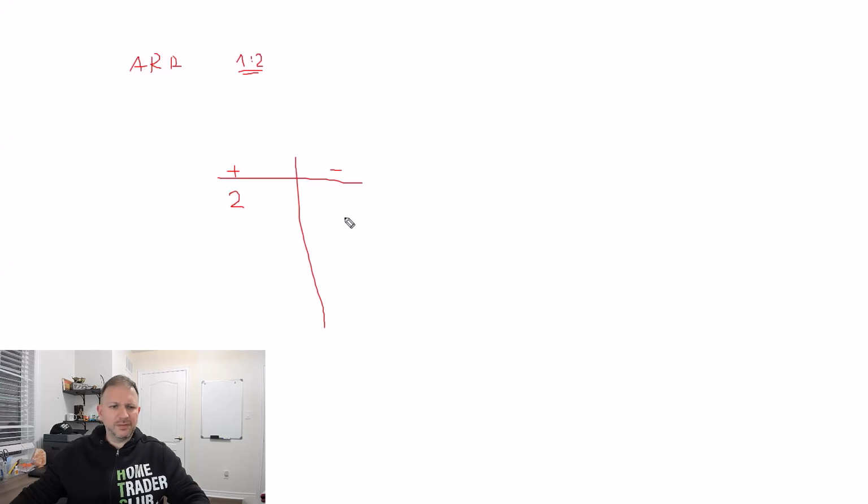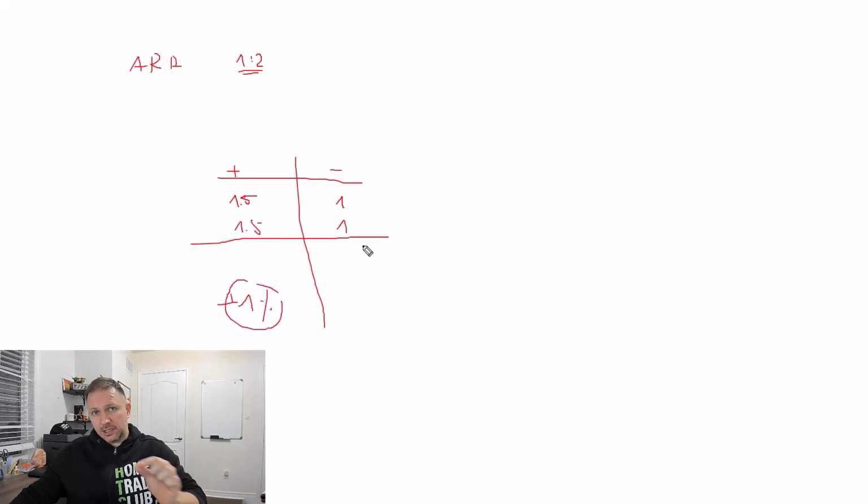You know what, let's make it even less, 1.5. And when you lose 1, you lose 1 again, you profit 1.5. As you can see, this is 50% success rate, and you are already plus 1% in total. So with 60-70% accuracy, your numbers would be significantly bigger.